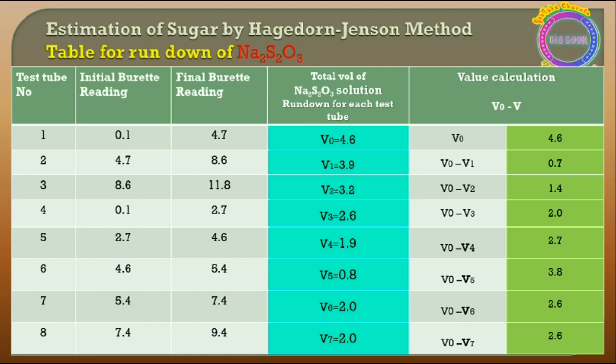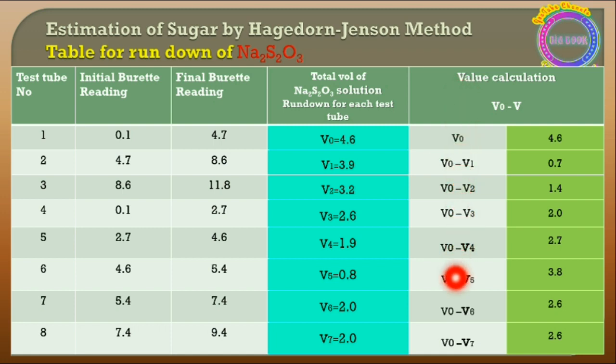Further here we are going to calculate the volume of thiosulfate used for the particular potassium iodide. It means that for whatever iodine has been liberated, a particular amount of sodium thiosulfate has been used.